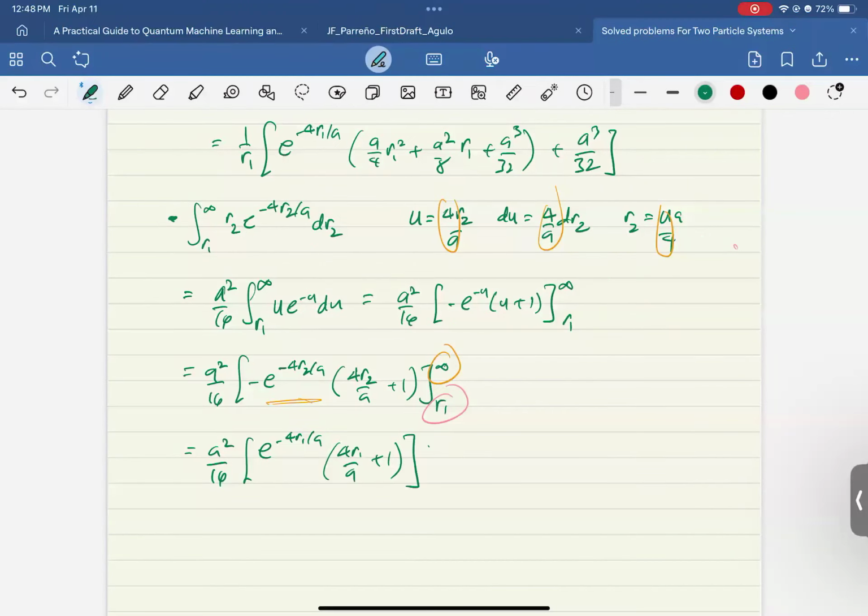Okay, and pag pinasok natin yung coefficients na yun, so exponential minus 4r1 over a over 4r1 plus a squared over 16. Okay, so yun na yung dalawang integrals.